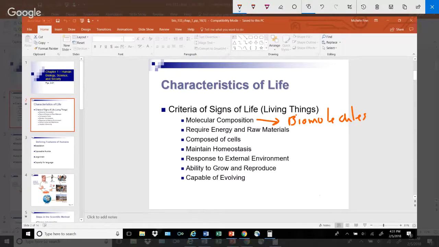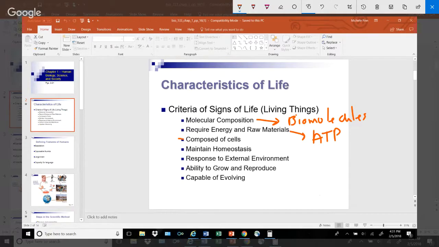Now, on their own, they're obviously not alive, but when we start putting them into pieces and parts of cells, and we utilize those in a living body, we know that we're alive based on that. Now, requiring energy and raw materials, obviously energy, we need to use some of these biomolecules to help us make ATP for our cells.